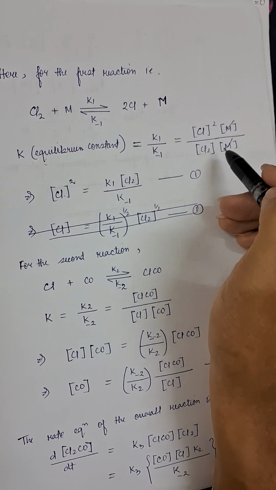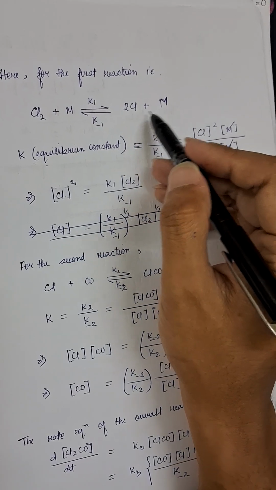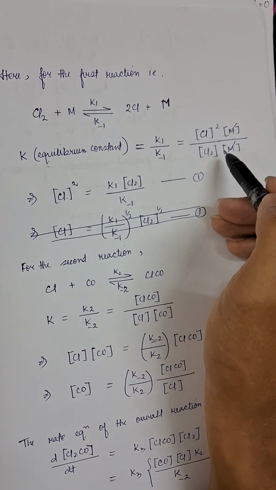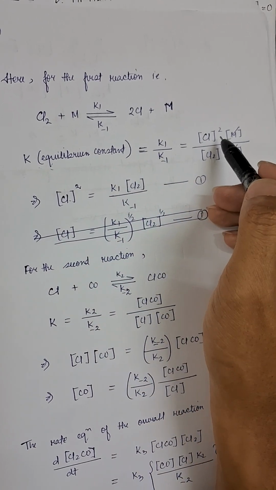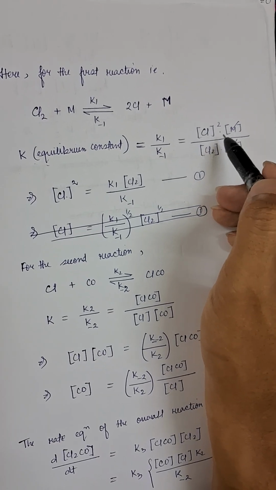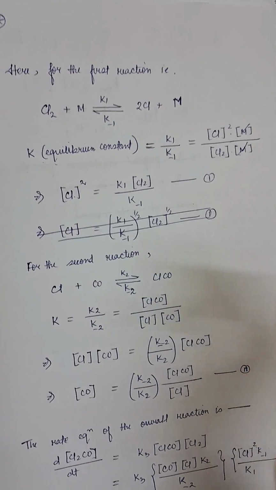B by A or A by B, since there are two products and two reactants here, I just use this, okay. And while writing the equilibrium constant, you should know that there is multiplication here, it's not addition, okay. It's a formula, you have to remember that.